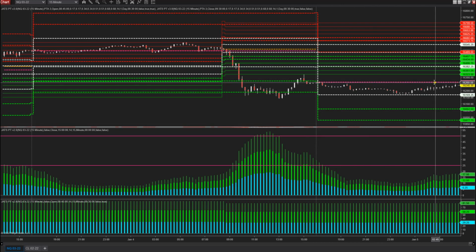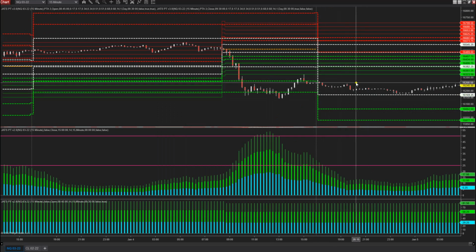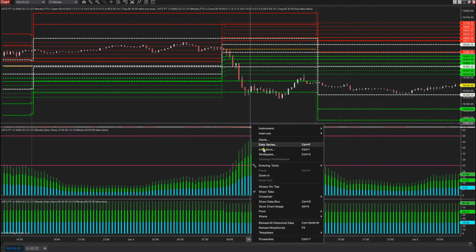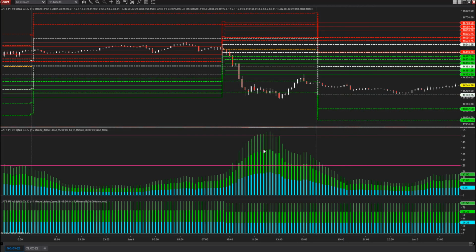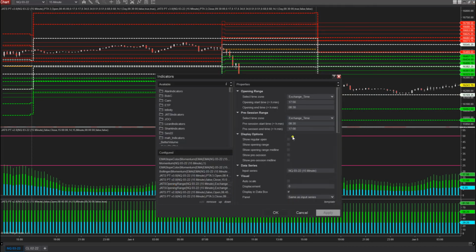We're hanging below the Globex. This pink line is the opening range indicator. So I'm mixing indicators. I have an opening range indicator that allows me to look at that Globex open. If I remove that, this is the PT indicator only that you're seeing. But you can do like I do and add other indicators to your chart to help you make these trading decisions.